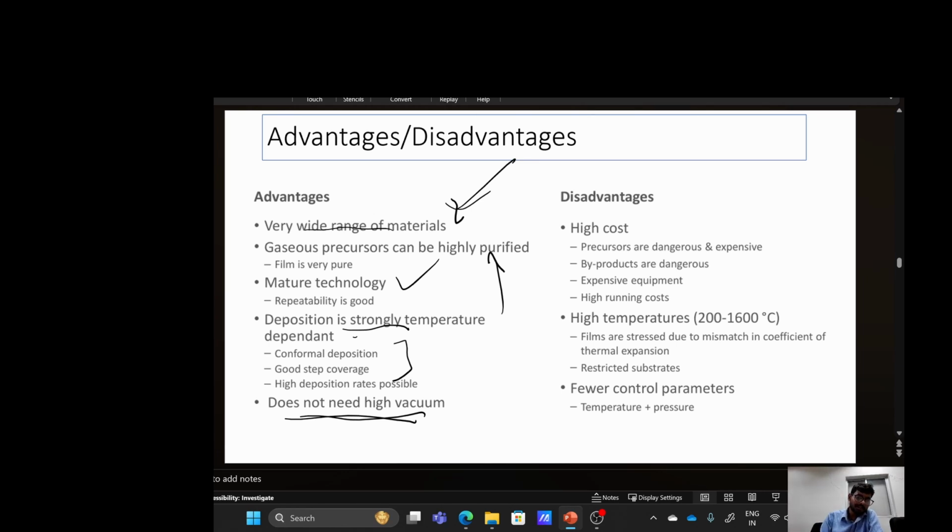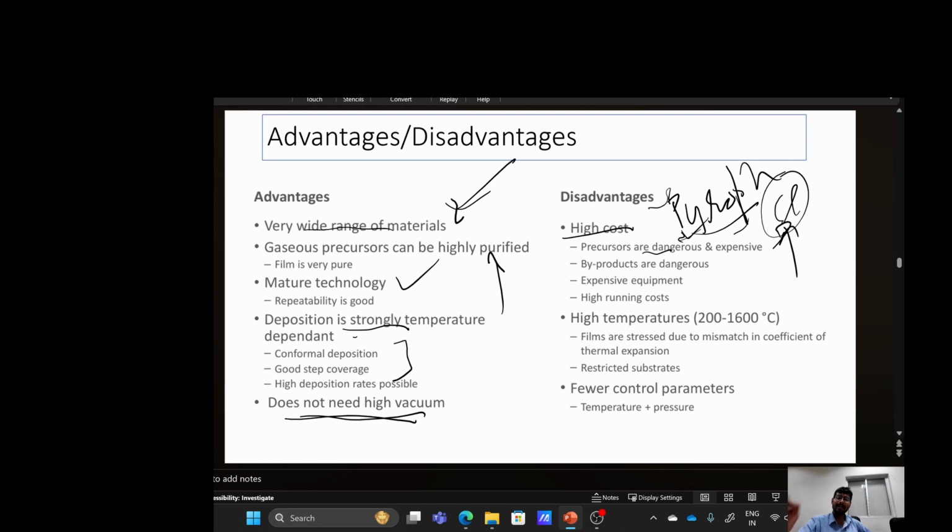The disadvantage is high cost, because the precursors that you are using are dangerous and expensive. Dangerous in the sense that the precursors are pyrophoric. They catch fire when they come in contact with the external environment. The other thing is that the byproducts can release some sulfur gases or chlorine gases.